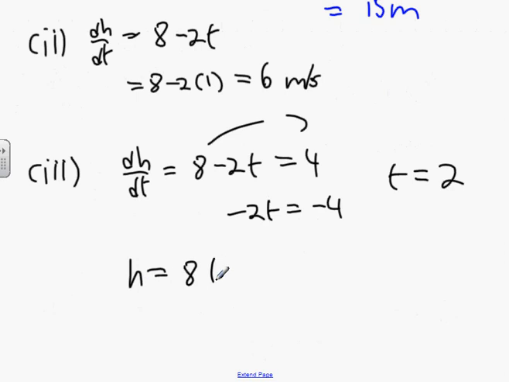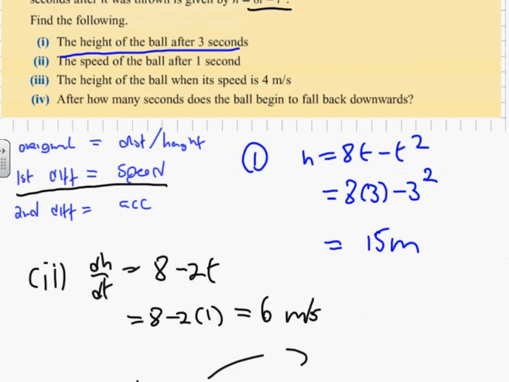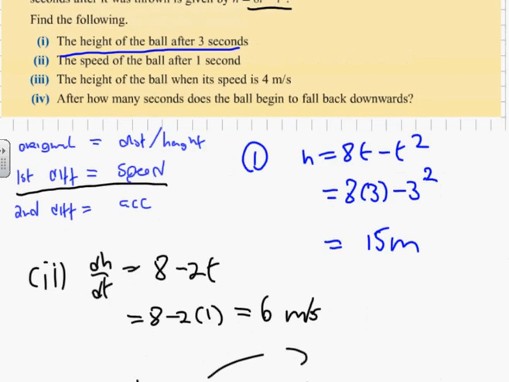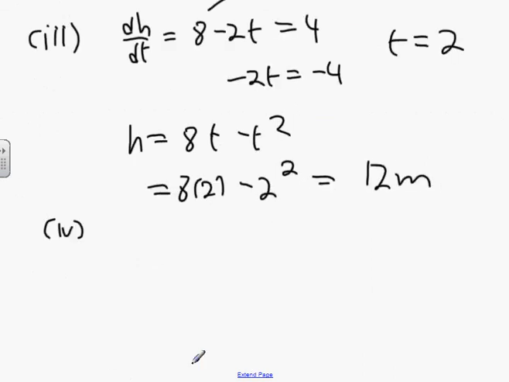So you can do it this way. h equals 8t minus t squared. You could do 8 times 2 minus 2 squared. And we already checked that on the calculator function. It's 12 meters high. Last question. After how many seconds does the ball begin to fall downwards? When you're at the very top, what's your speed just before you fall downwards?